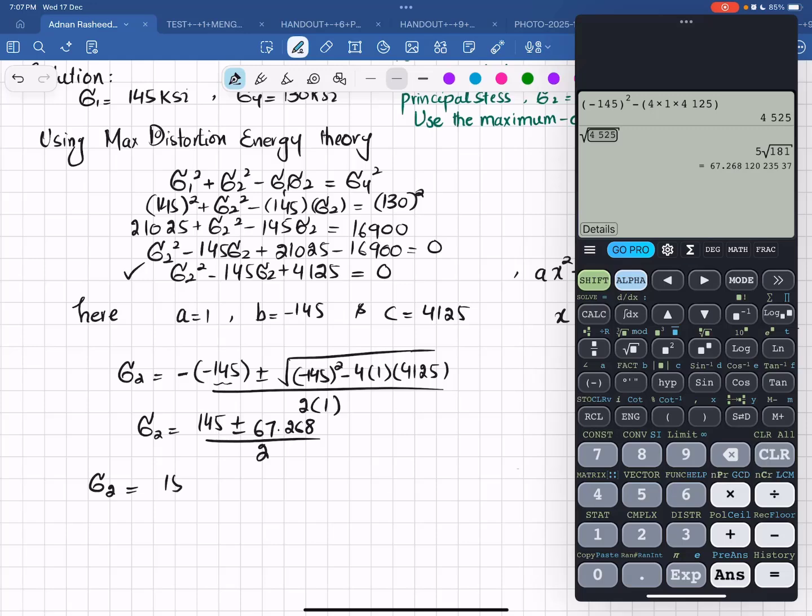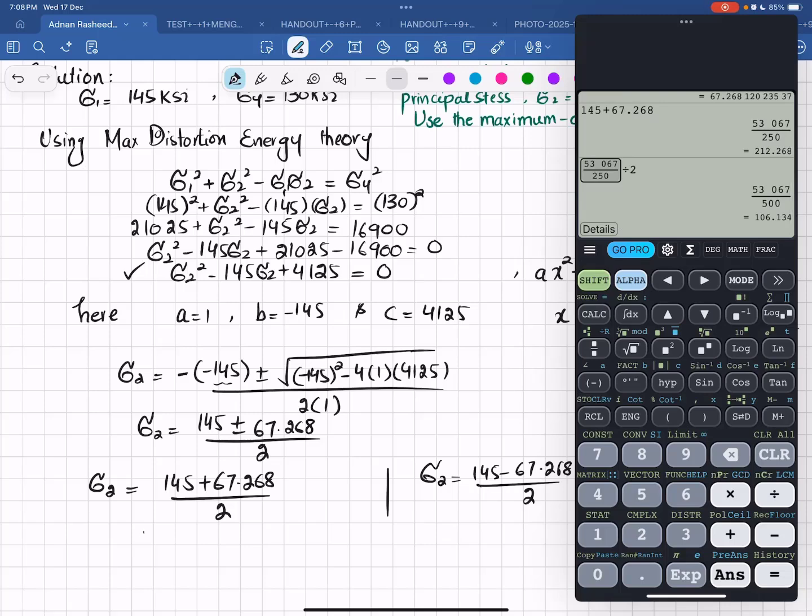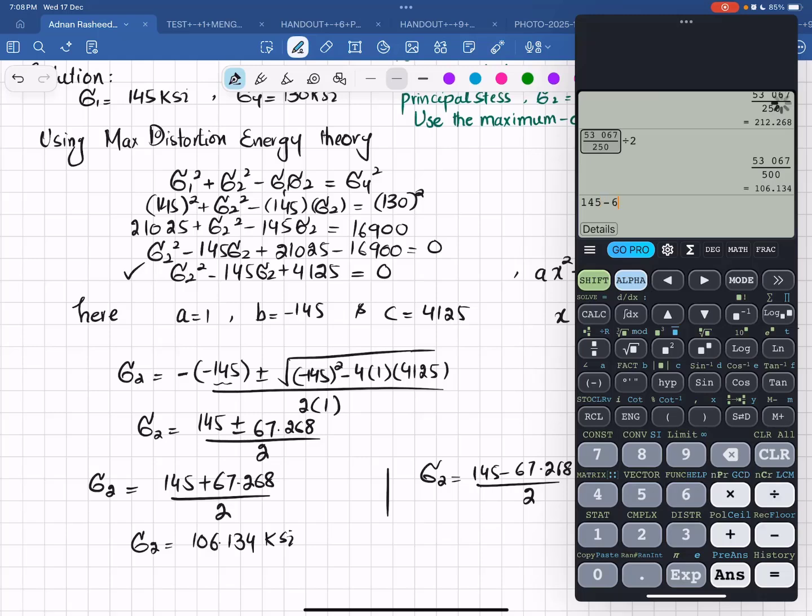So here we have two roots. The first one will be sigma 2 equal to 145 plus 67.268 divided by 2, which gives you 106.134 ksi, and the second root will be sigma 2 equal to 145 minus 67.268 divided by 2, which is equal to 38.86 ksi.